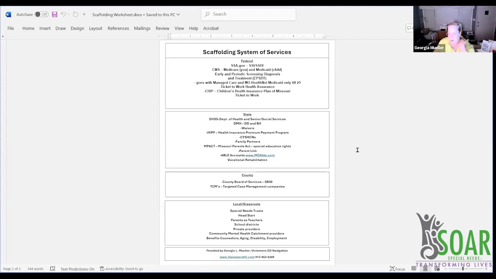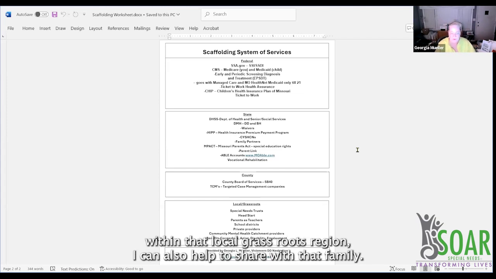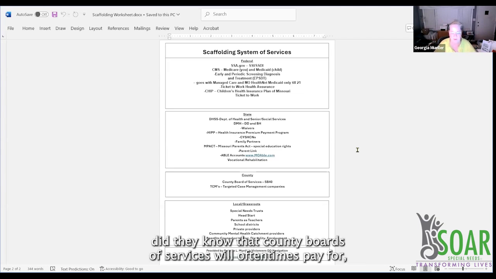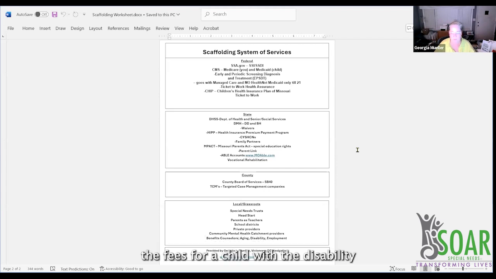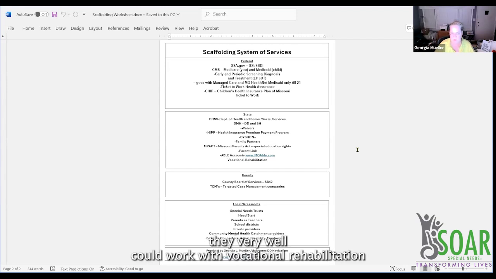And the interesting thing is, now that I know where Ability KC lies within that local grassroots region, I can also share with that family, by the way, did they know that county boards of services will oftentimes pay for the fees for a child with a disability to attend their early childhood center? Did they know that if their individual wanted to take the driving classes, they very well could work with vocational rehabilitation to get those driving classes paid for?